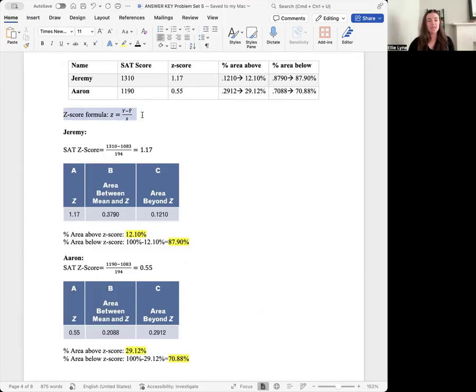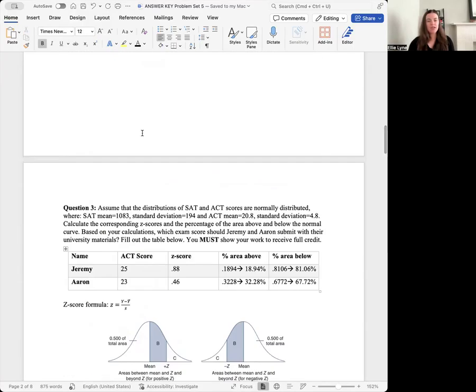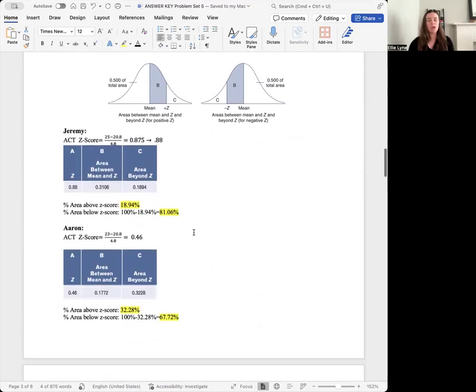Keeping in mind our z-score formula here, we take the observation itself, so the SAT scores were given here, subtract that by the average, which is given to us in the problem itself above in question 3, and divide that by the standard deviation. So Jeremy scored a 1310 on his SAT. Up here in the average, we see that the SAT mean is a 1083 and the standard deviation is a 194.